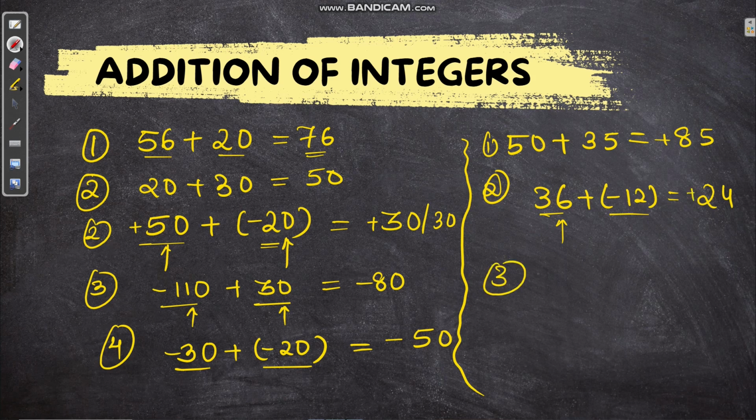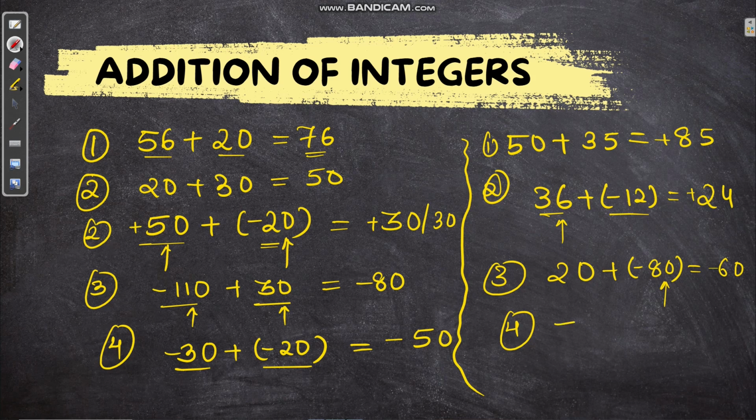Third example, 20 plus minus 80. You have two integers with different signs, so you subtract. You will get 60, but in this case 80 is a bigger number than 20, and 80 has a minus sign, so your answer will be minus 60.